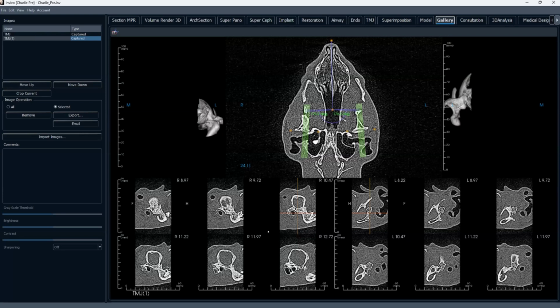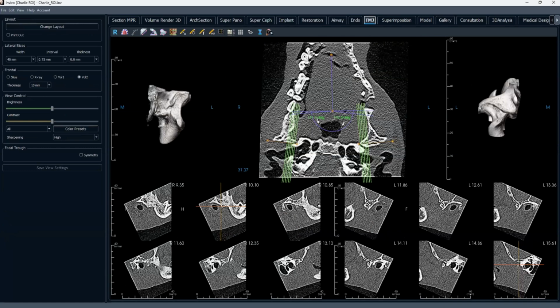But if you need more detail, you can go back to the machine itself, select a portion of your study, and re-render it down to as small as 0.07. That's what I did to look at these TMJs again, to make sure I had a good assessment of them. So now this is the region of interest.